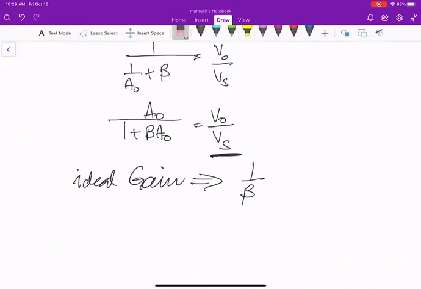Let's move on. What I'm trying to do here is, we know that ideal gain is different from the actual gain.